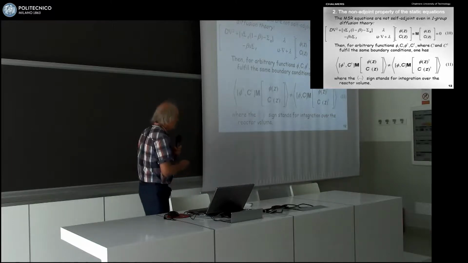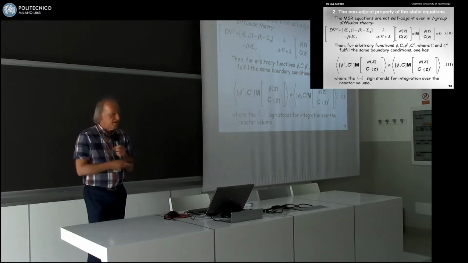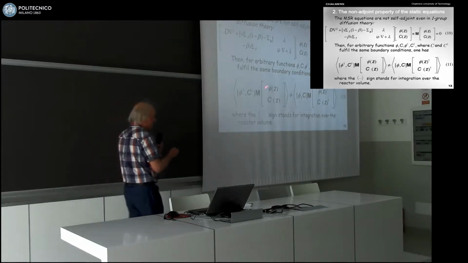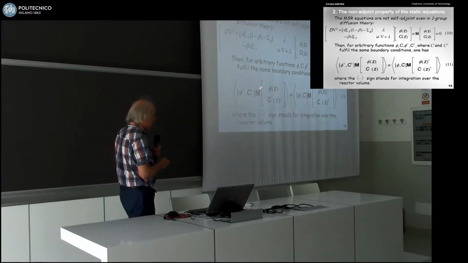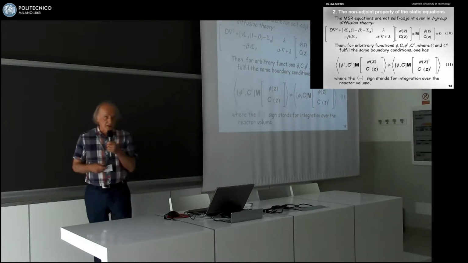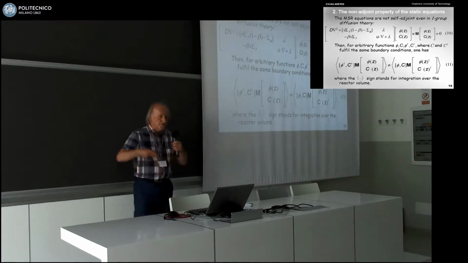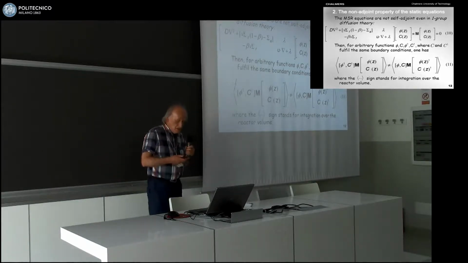If we take two arbitrary functions, any flux function and the phi dagger here, which is still a flux function, and a delayed neutron precursor distribution, and another one, denoted here by C dagger, but this is not yet the adjoint, then if we take this operator, we can swap this vector and this vector and calculate this inner product, which is a scalar quantity, because a matrix operating on a vector is a vector, and then you multiply two vectors in a scalar product, it becomes a scalar. And those two things should be the same. And they are not the same.